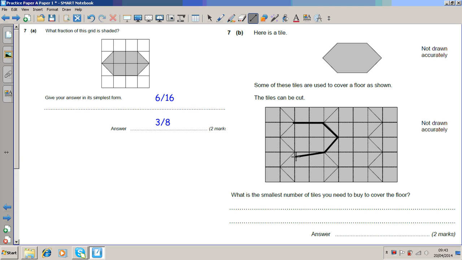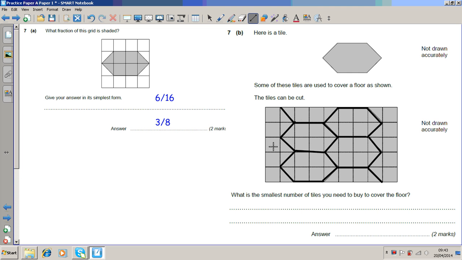So we've got 1 there, and then 2 there, 3 there, 4 there. Now this bit here and this bit here goes with that. So that and that make 5 so far.